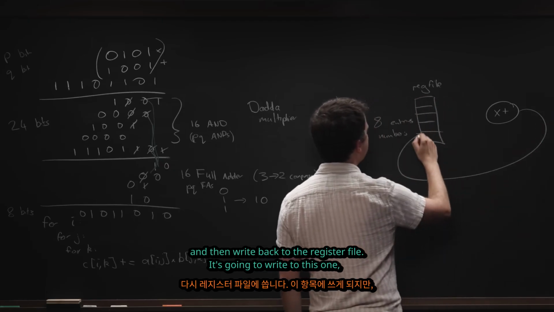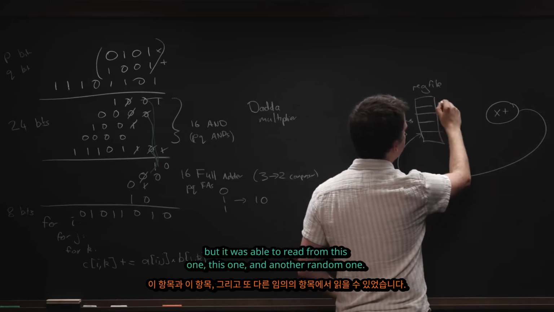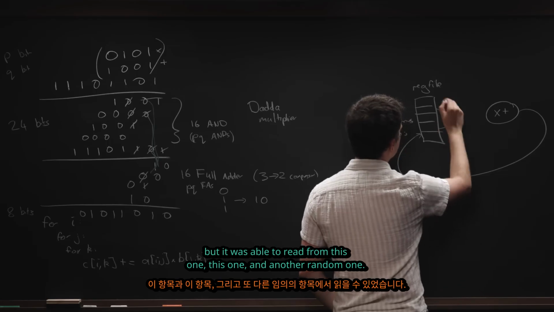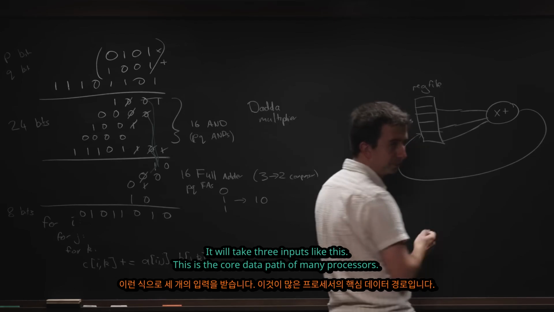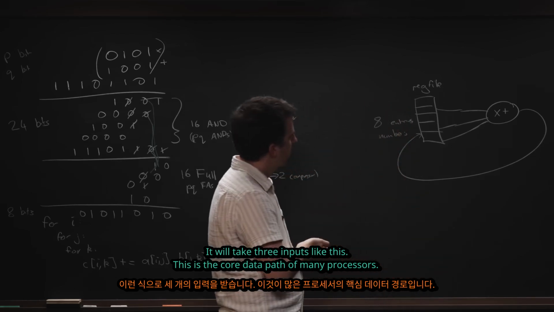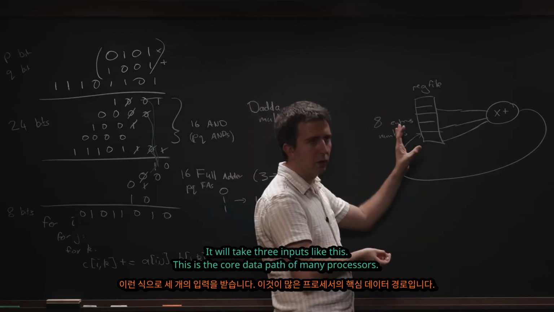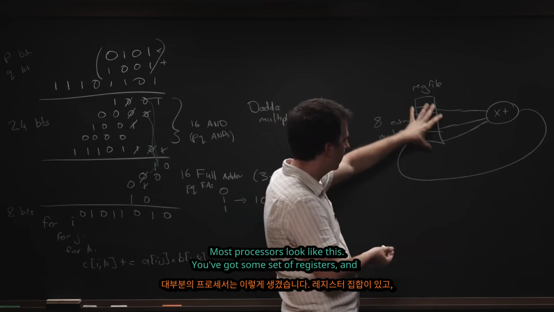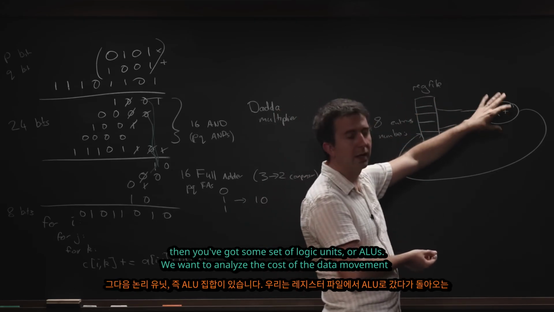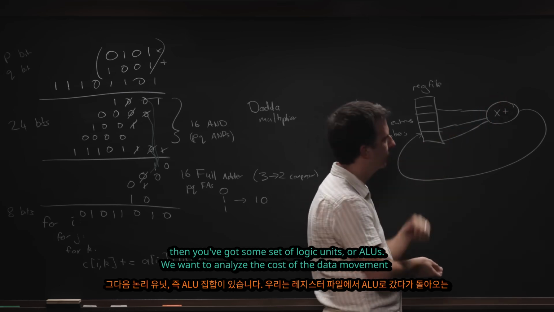So it may write to this one, but it was able to read from this one and another random one. It'll take 3 inputs like this. This is the core data path of many processors. Most processors look like this. You've got some set of registers, and then you've got some set of logic units, or ALUs.